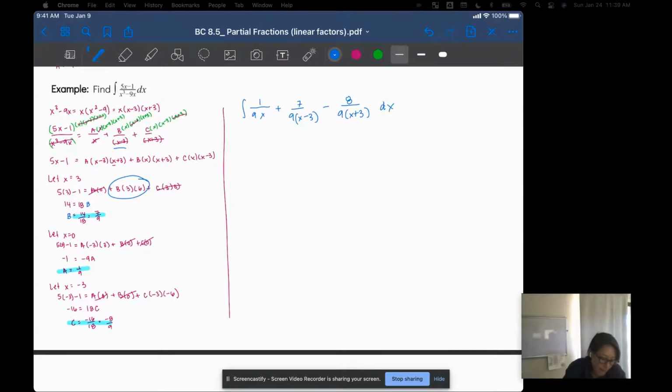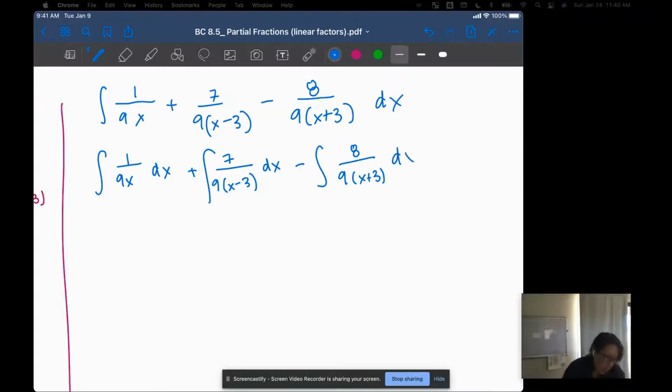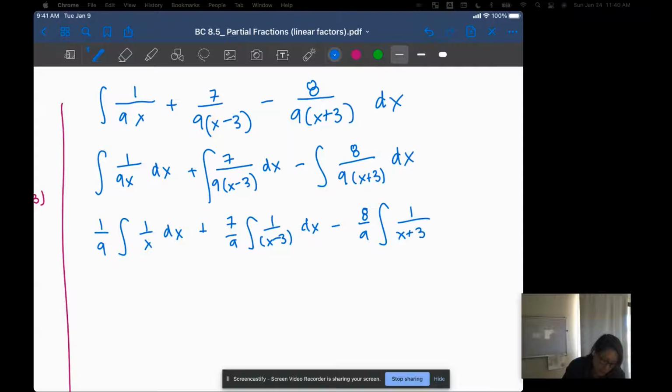All right, so I'm going to split these up into their own integrals just in case I would have to make like a u substitution or something. So, okay, now we can take the integral. So 1/9, this could also be written as 1/9 times the integral of 1 over x dx plus 7/9 times the integral of 1 over x minus 3 dx minus 8/9 times the integral of 1 over x plus 3 dx.